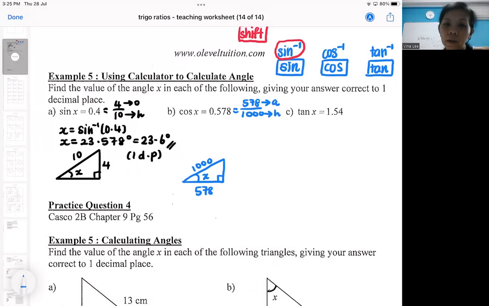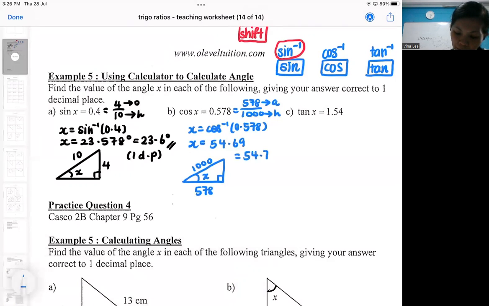In such a case, what will be the angle? Again, you activate your inverse function. Try punching your calculator: shift cosine, then 0.578. Did you get 54.69, which is 54.7 degrees?